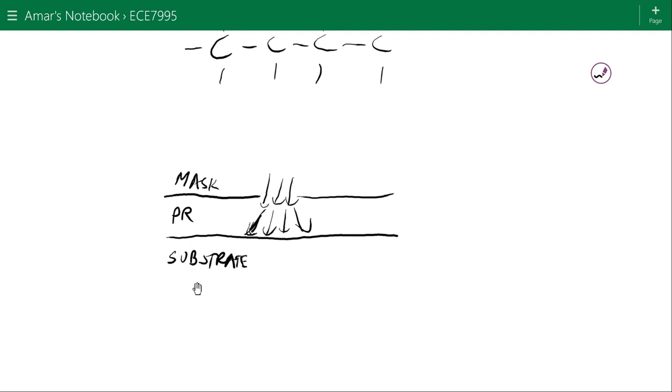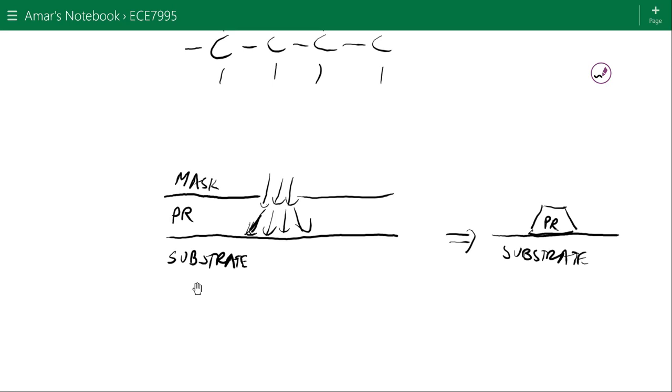When light goes through the mask and starts to spread out, it can result, after development, in features that look like this. So this is your photoresist, and this is your substrate. After development, it'll look something like that.